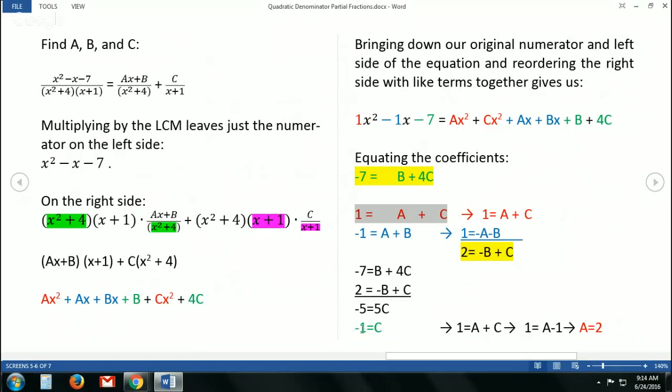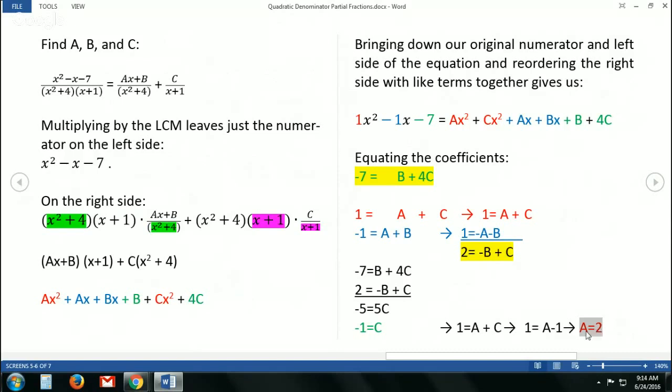If I know that c is -1, I'll put -1 in for c right here. When I do that, the equation 1 equals a plus c becomes 1 equals a minus 1. If I add this 1 to both sides, adding 1 gives me 2, so a is equal to 2.